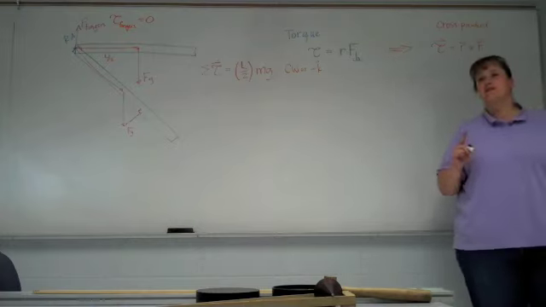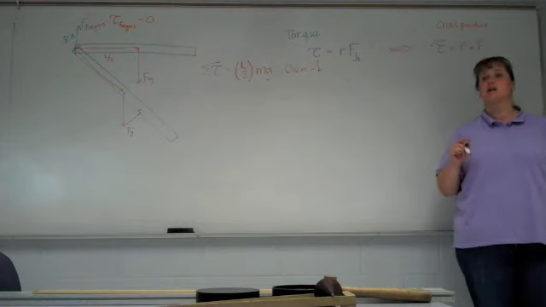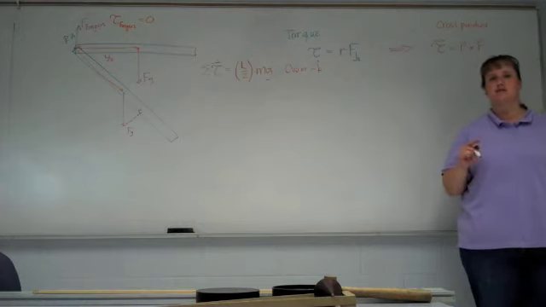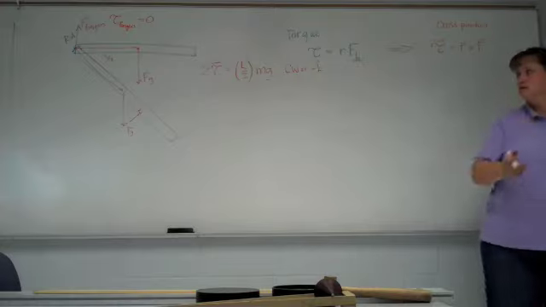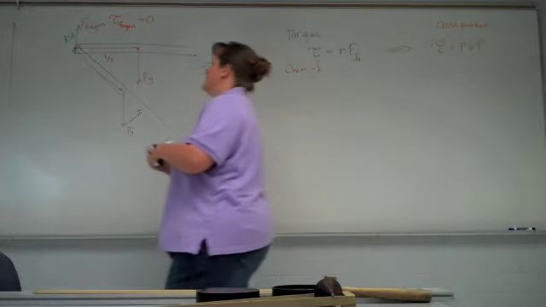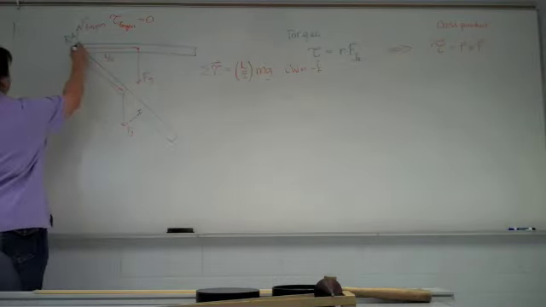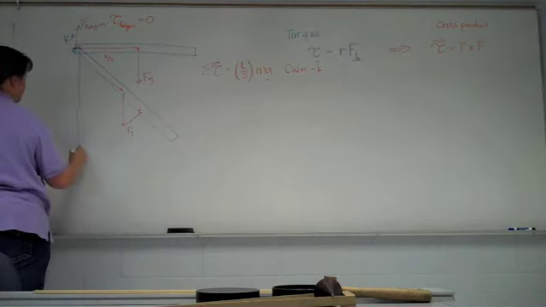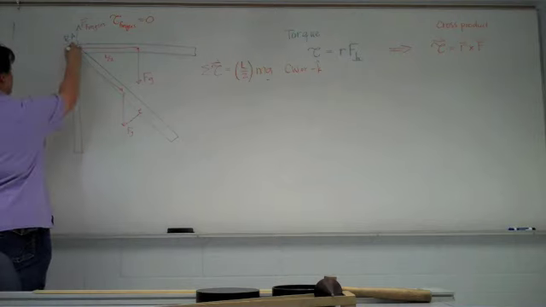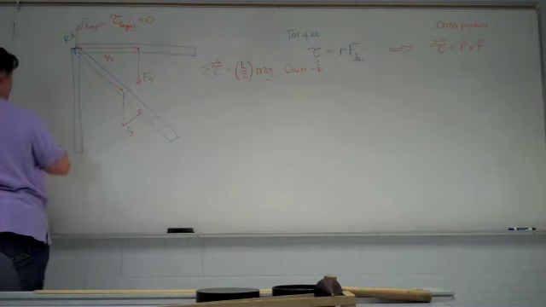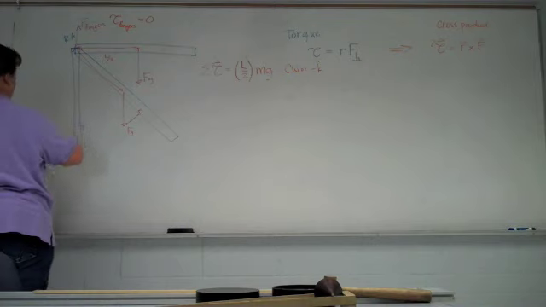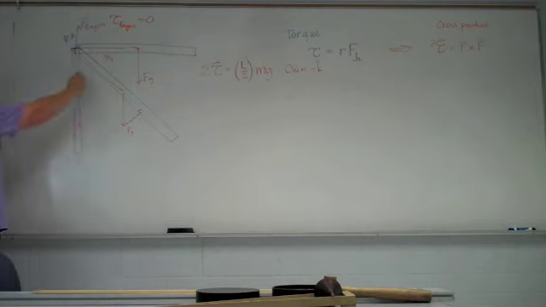Where will the meter stick be when the torque is the smallest possible value? Vertical. So what can you tell me about the torque at that point?